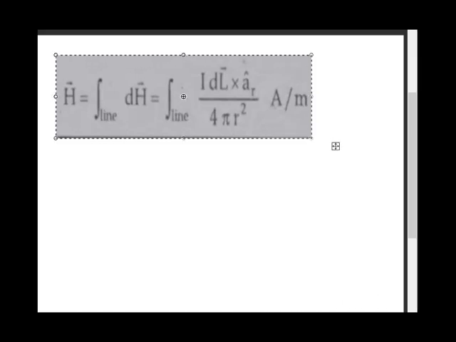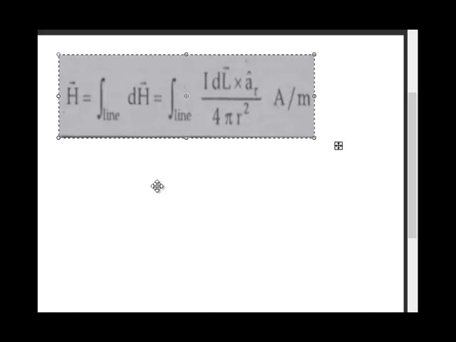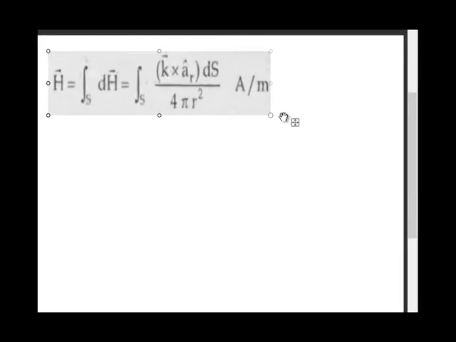Now if we consider the second case, a surface current element, then in that case the formula will have, instead of this I, it will have K, surface current, and the formula will become similar to the previous formula.